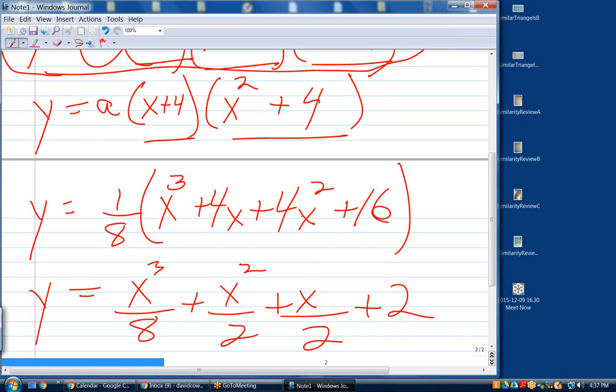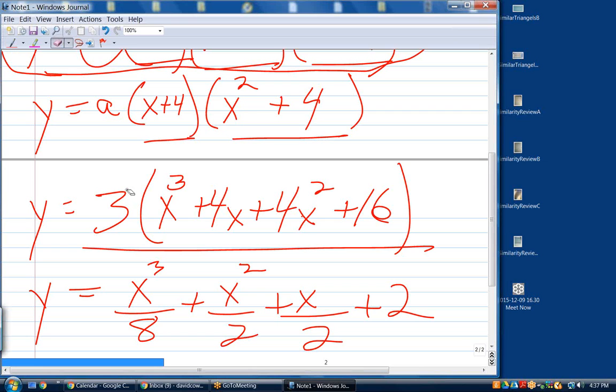If they would have said, give me a y-intercept of 48, what would a have to be? You'd have to multiply 16 by 3. Correct. So if they said the y-intercept is 48, then that's going to be the polynomial after I multiply 3 times everything.